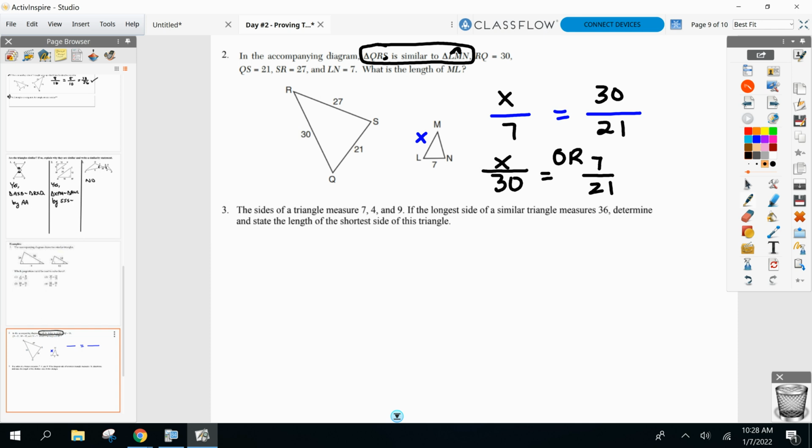Just be lucky there's no factoring or quadratic formula yet when you solve this. Cross multiply, solve for X, and then you guys move on to number 3.